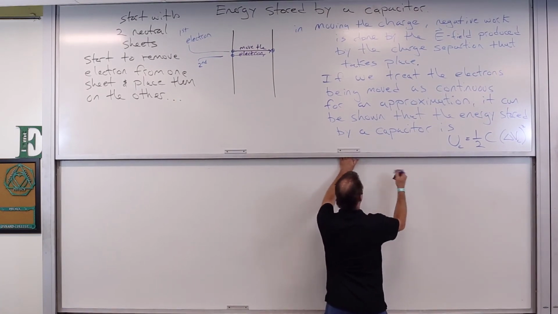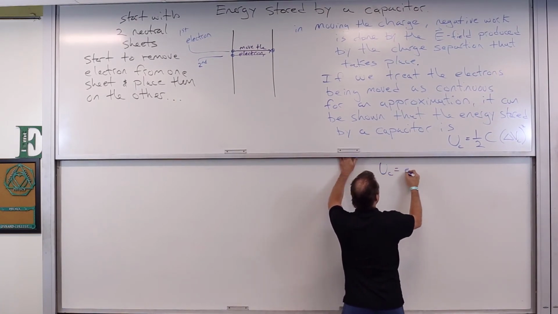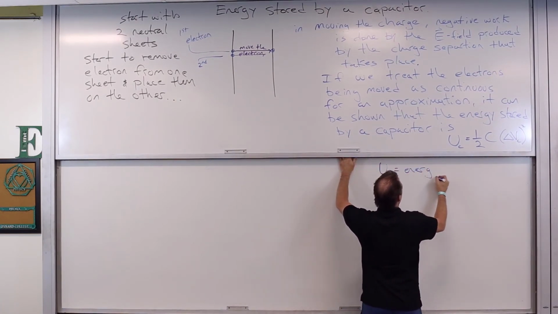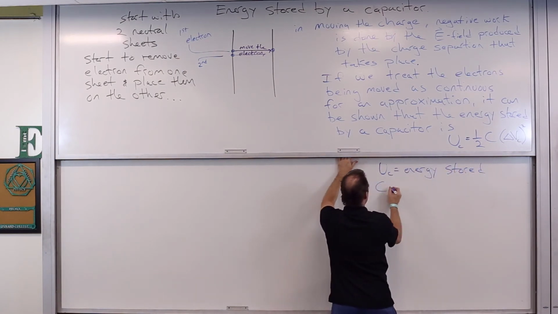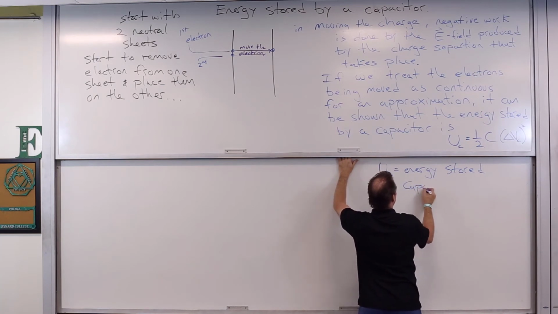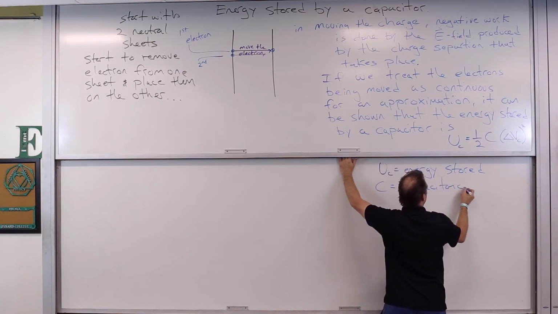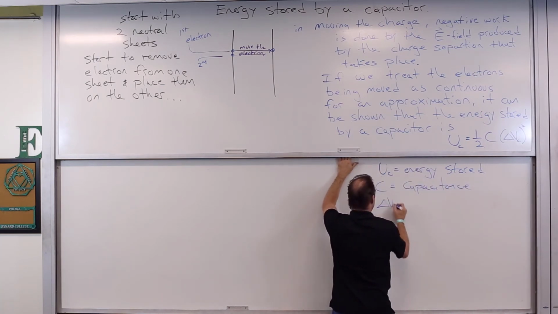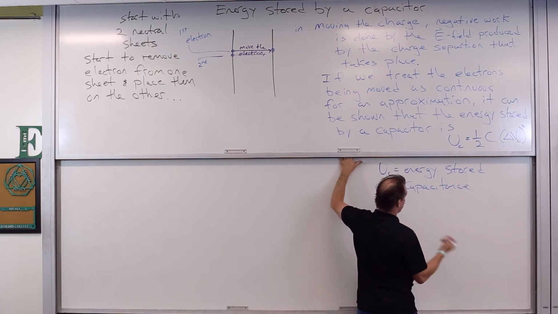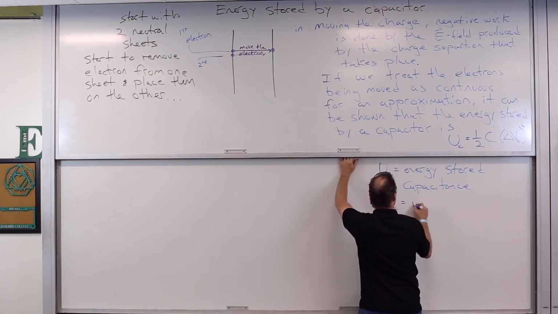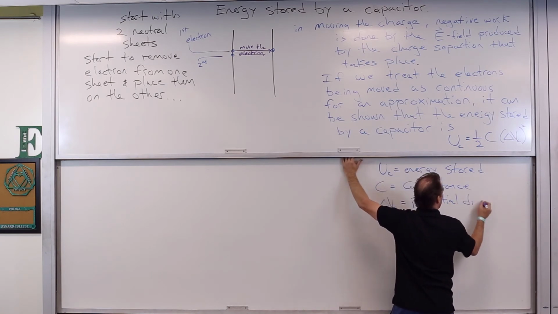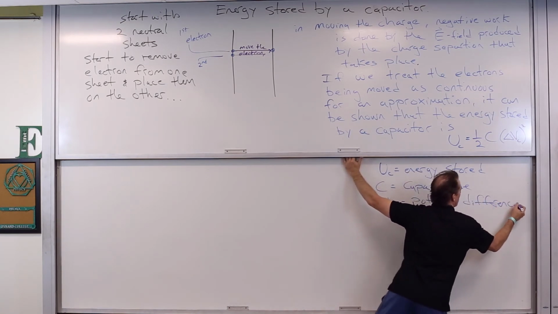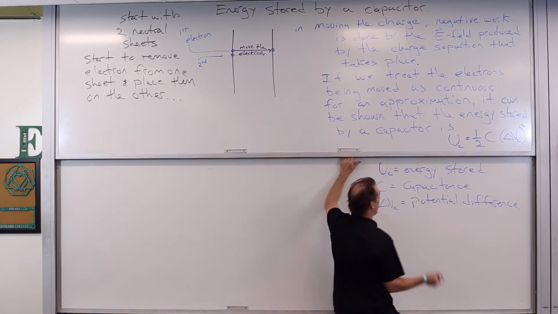So let me just write this out. U sub C equals energy stored. C equals the capacitance. And delta V sub C is the potential difference across the plates of the capacitor.